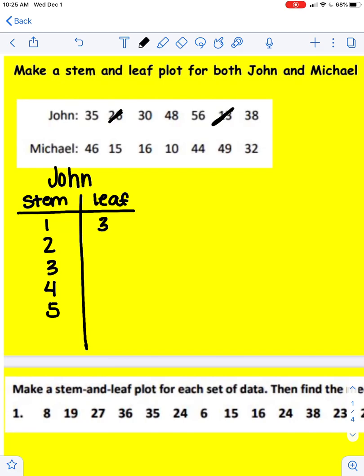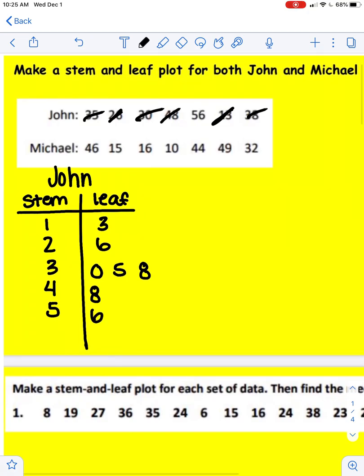Then I've got 26, so I'm going to come down to the 2 and put a 6. Then I'm going to come down to the 3, and I'm going to put a 0 for 30, a 5 for 35, and an 8 for 38. Then I'm going to put an 8 right here next to the 4 for 48, and a 6 right next to the 5 for 56.